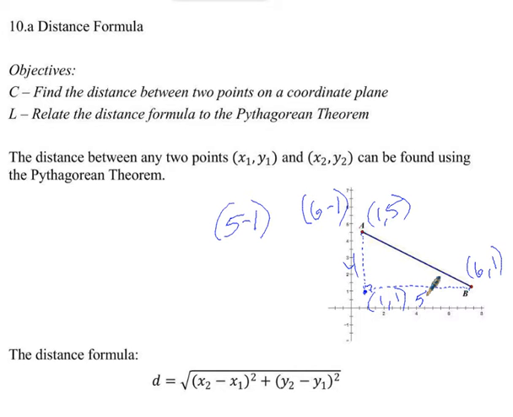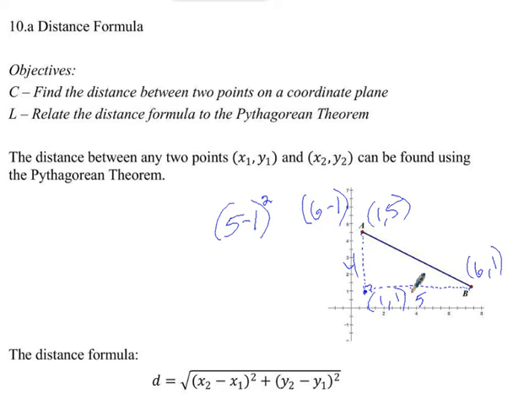5. Now to do the Pythagorean theorem, you're going to take this and do what to it? Square it. You're going to take this and square it. And then what will you do with those 2 numbers? Add them together. So this number is my 4 right there. This is how I got it, the 5 minus 1. I'm going to square that. The 6 minus 1 is 5. That's how I got the 5.